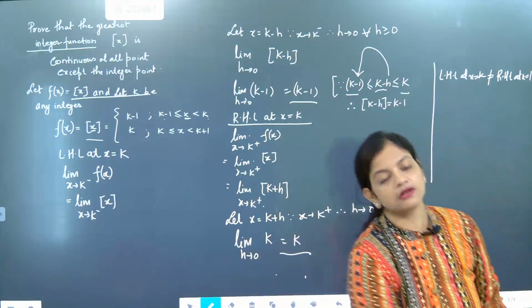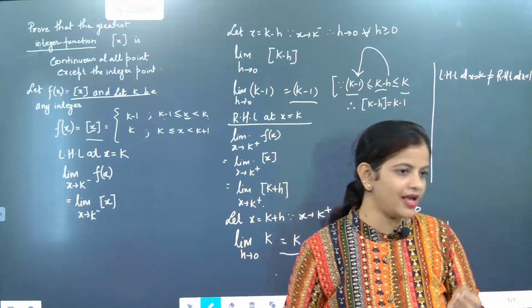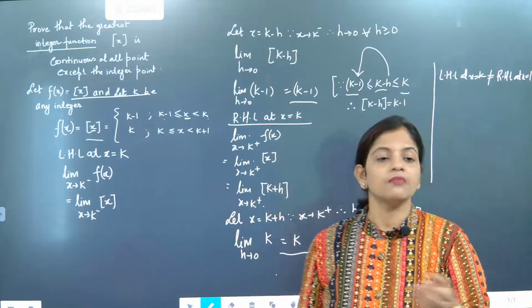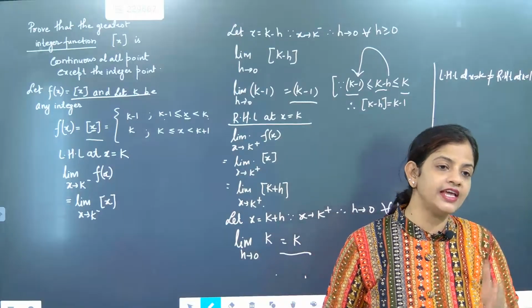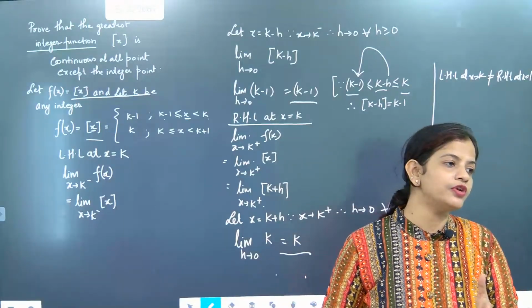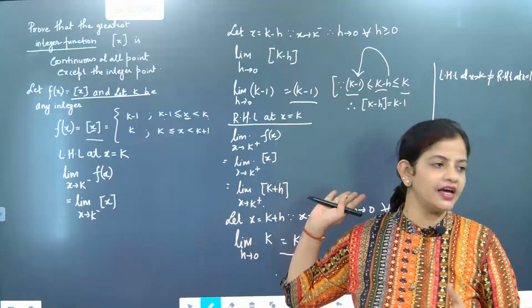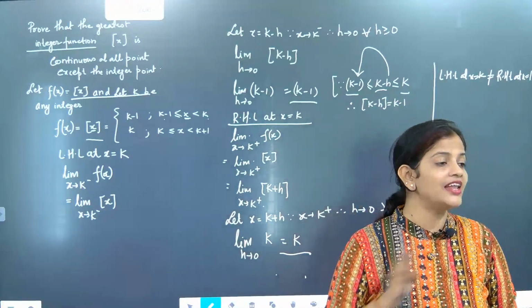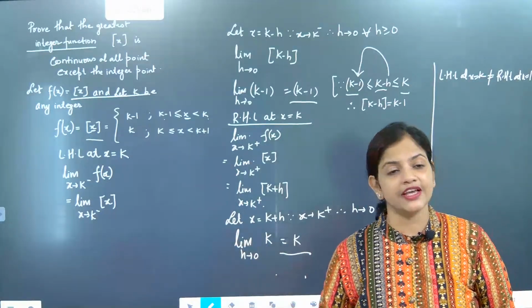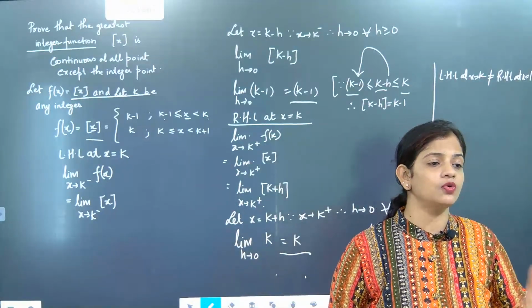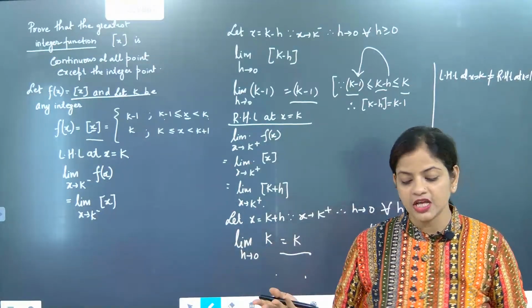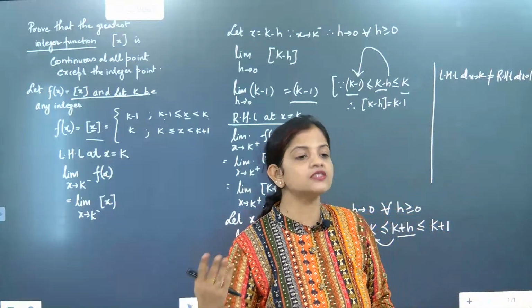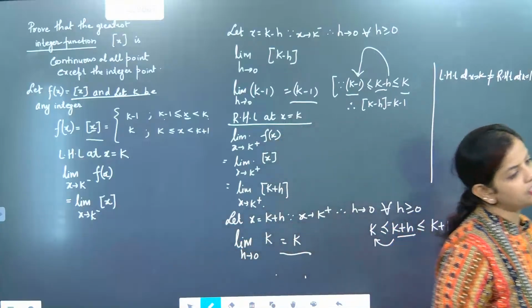You learned that you have to take x is equal to k, any arbitrary value k, where k is any integer. And then you did LHL and RHL. In LHL, k minus h is coming. In RHL, k plus h is coming. LHL gives you k minus 1, and RHL gives you k plus 1. I hope you have understood till here.